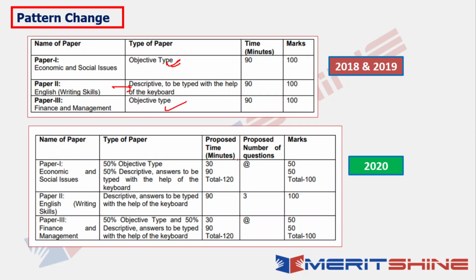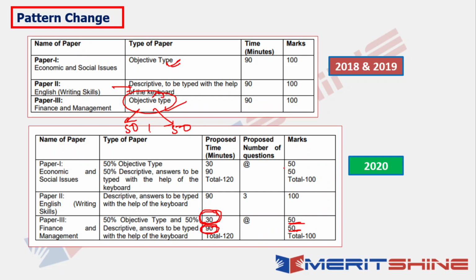But in 2020, what was changed was that from being a full objective paper, it became a 50-50 paper. 50% objective, 50% descriptive. So, the objective type paper now had 30 minutes time and 50 marks. Whereas the descriptive type paper was of 90 minutes and it had 50 marks.